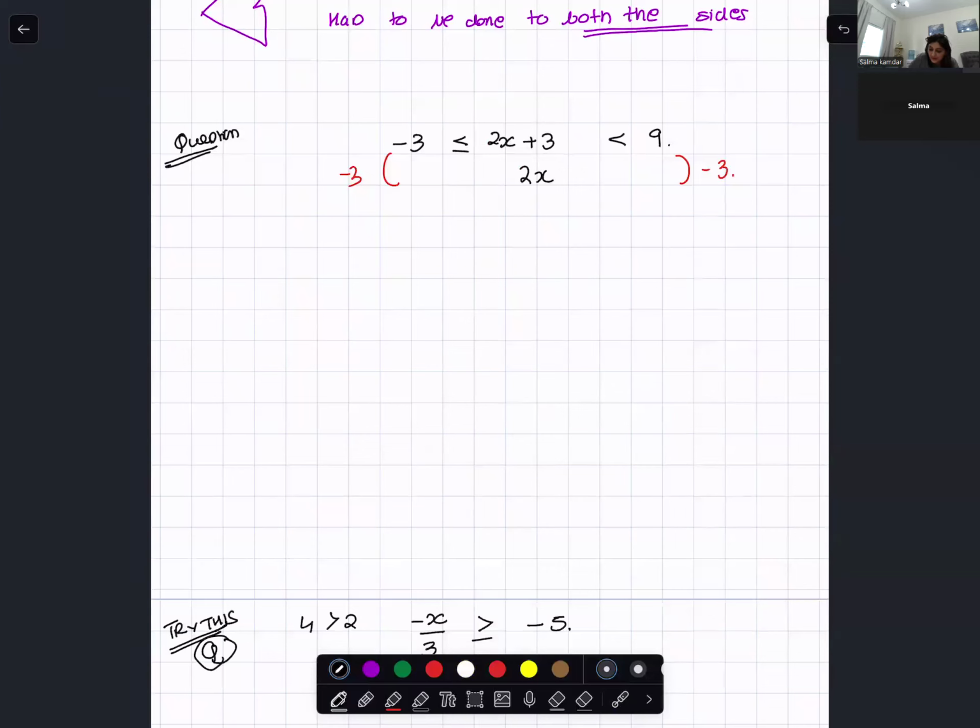So this would become 2x. Minus 3 gives you minus 6. 9 minus 3 would give you 6. Now what will you do? You are going to divide by 2. Whatever you do in the middle, you do on both the sides.